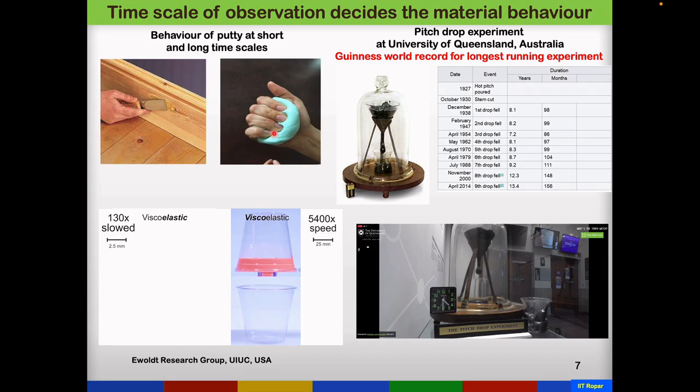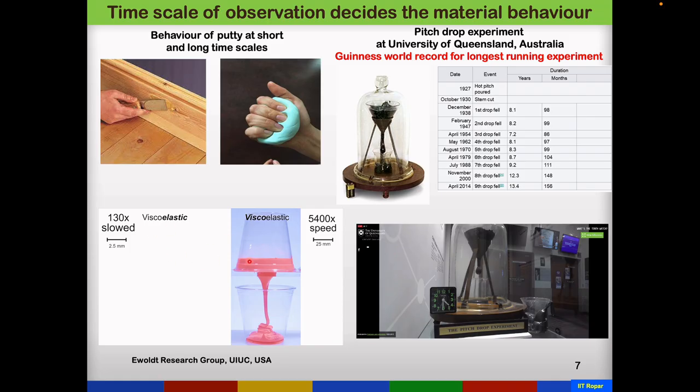You can take putty and make a ball out of it, and then simply drop it on a plain surface and you will see that the ball bounces back. So here the time scale of observation or the time scale of experiment is very small, maybe 2-3 seconds, and within that time scale you can see it behaves like a solid.